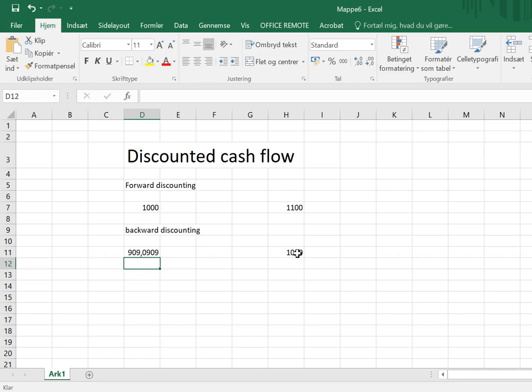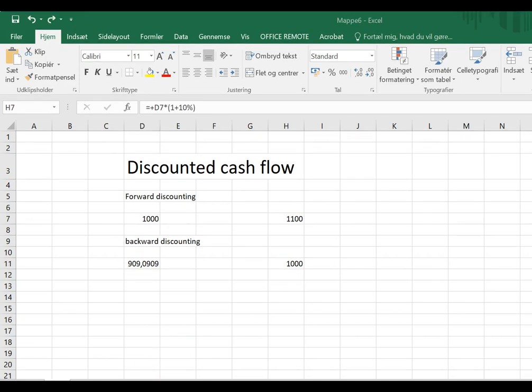So this is how we discount cash flow, and this is a very normal way to evaluate future cash flow. What is it actually worth in today's money? Now we have calculated for 1 year's change of value.